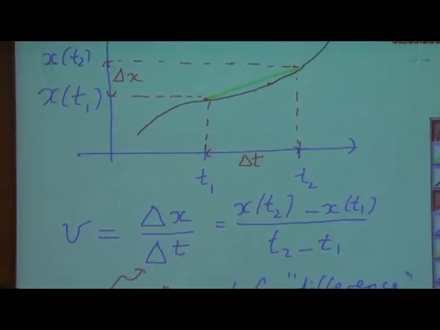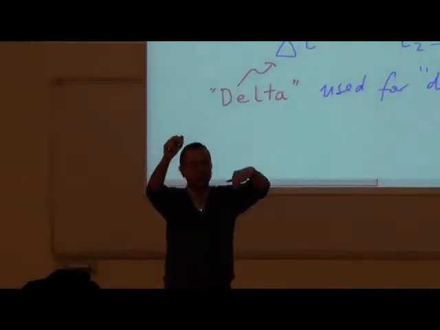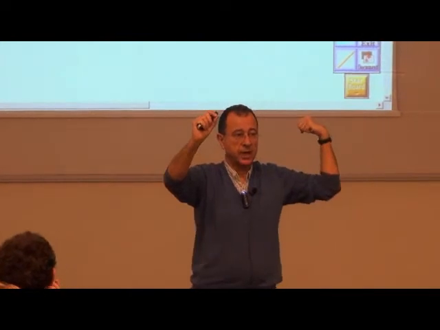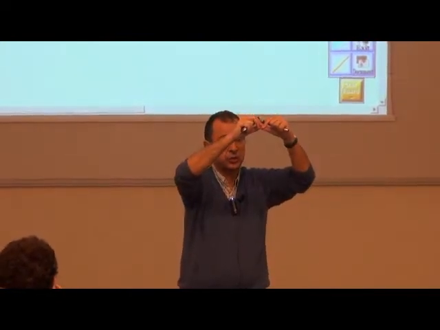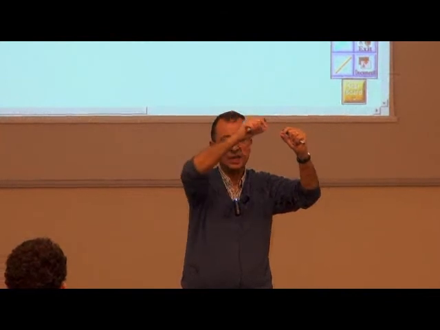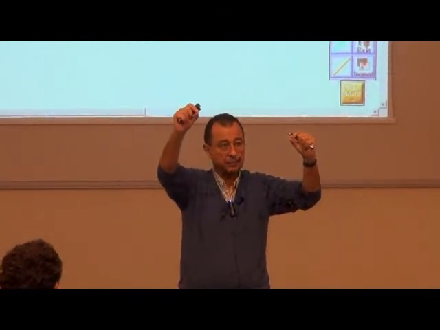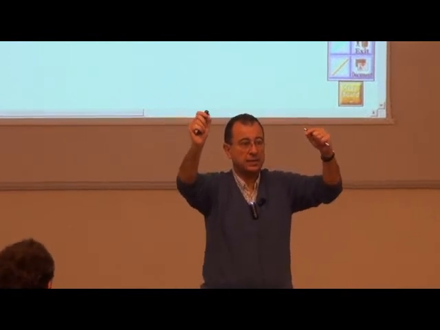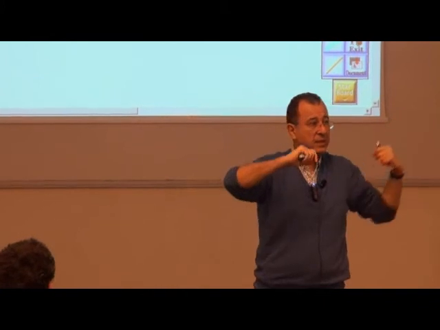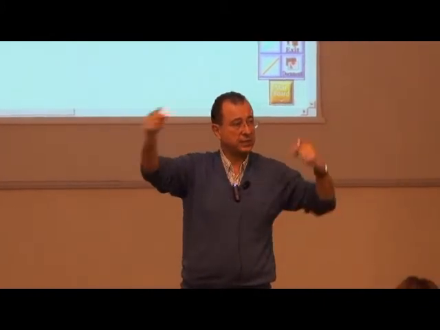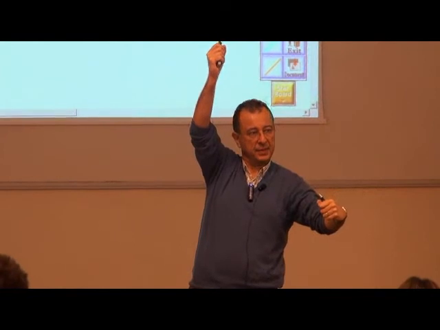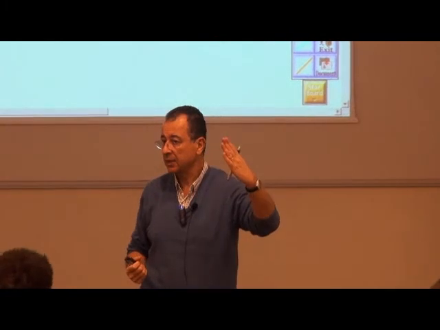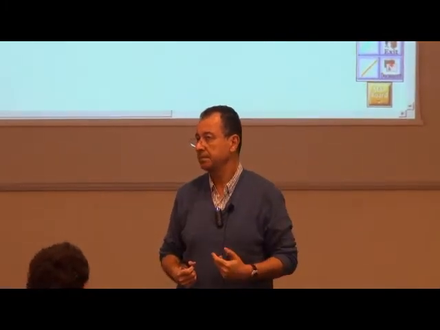So if you draw x of t as a graph, and for t1, t2, x of t2, x of t1, you calculate this velocity, that velocity shows up as the slope of the line between x of t1 and x of t2. And in this graph, the faster your velocity is, the steeper the graph is. Okay, so that's the way to see geometrically whether the particle is moving fast or slowly. Okay?